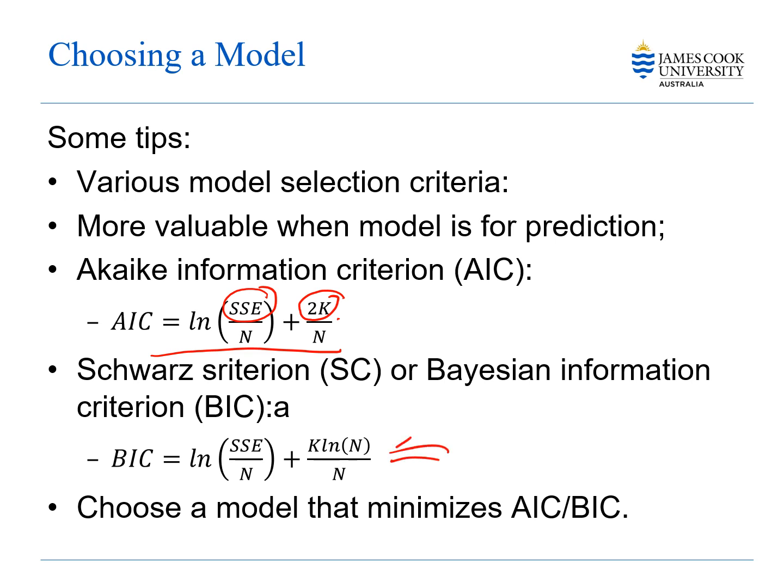Similarly for BIC, the Bayesian information criterion, or Schwarz criterion. If you use these two criteria, you want to choose the model that gives you the smallest value of the statistic.